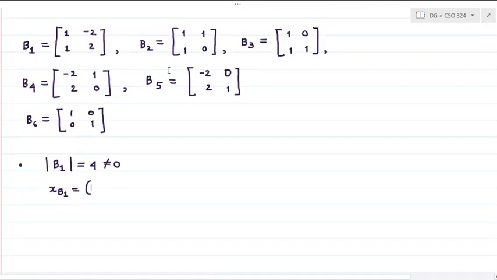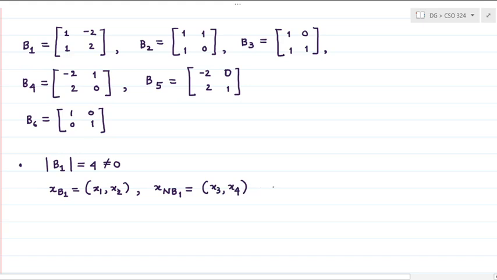So xB1 is x1 and x2, and xNB1, not associated to B1, are x3 and x4. You have to put xNB1 equal to 0.